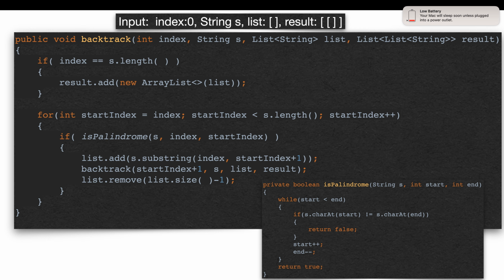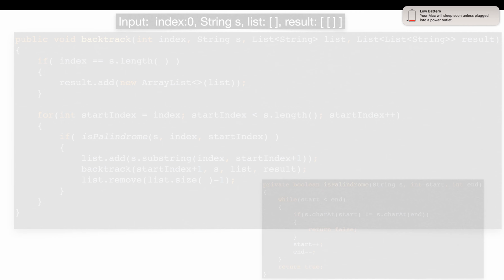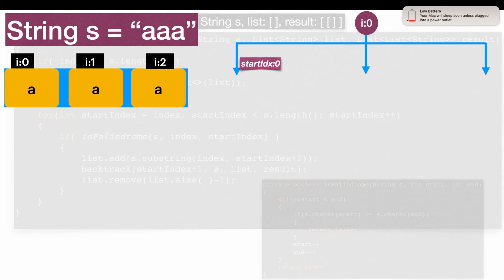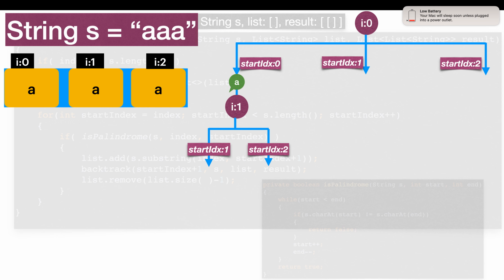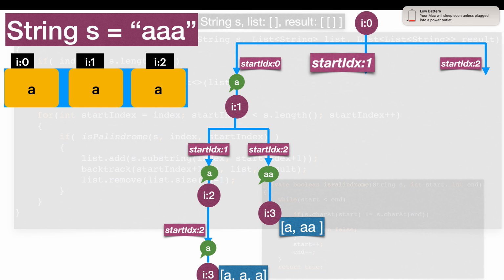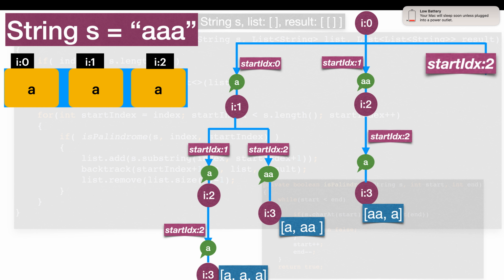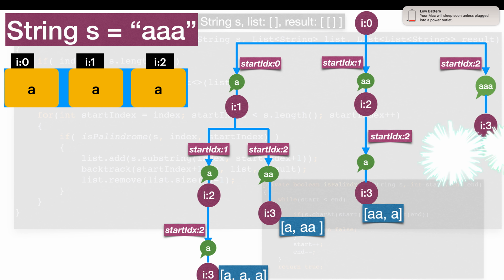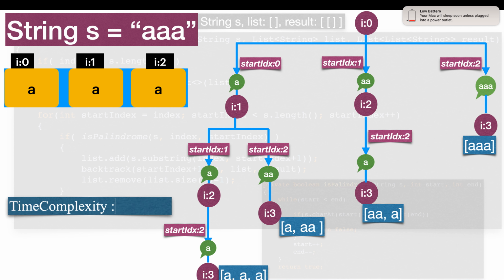So let me go and explain the time complexity. If you closely see, in worst case, every substring of a given string is going to be a palindrome. It means in worst case you can make 2 power n partitions from a given string, and on every recursive call we are cloning the list, so obviously our time complexity will be n into 2 power n.